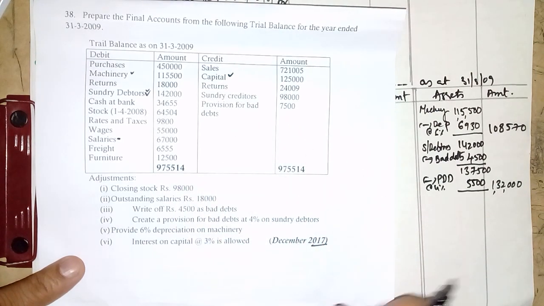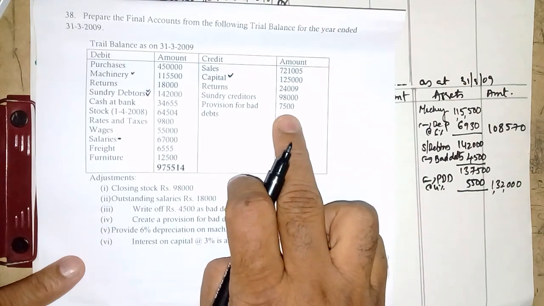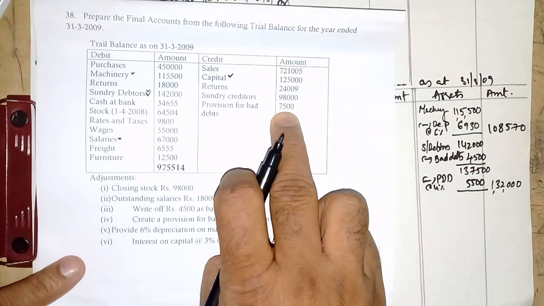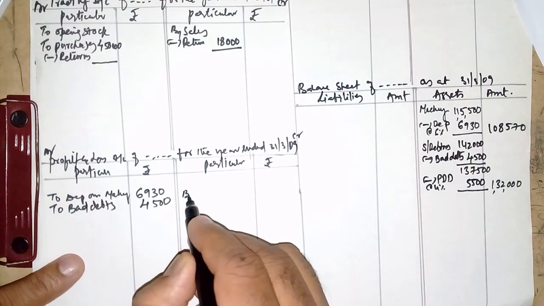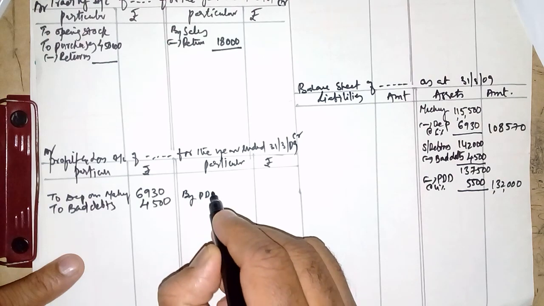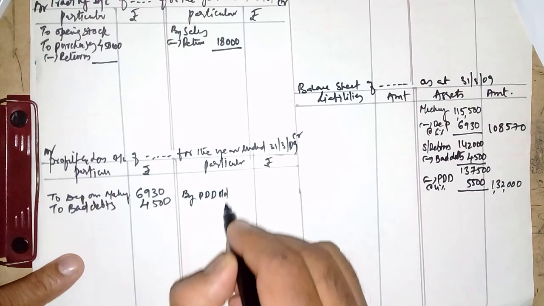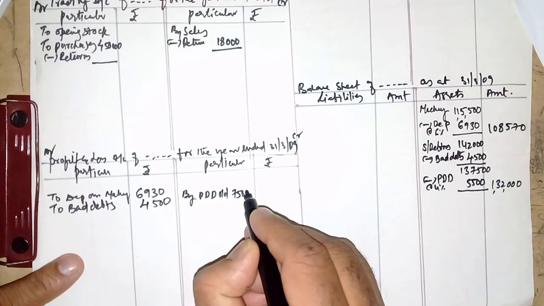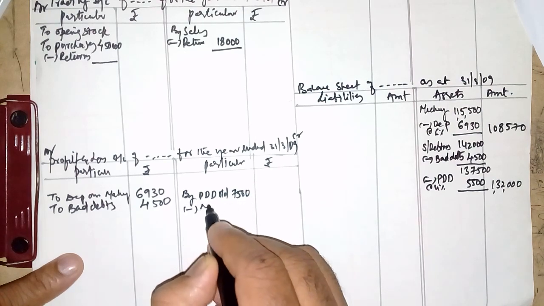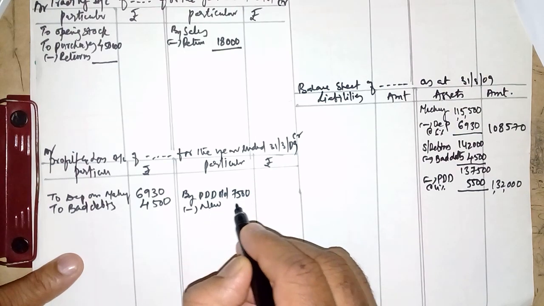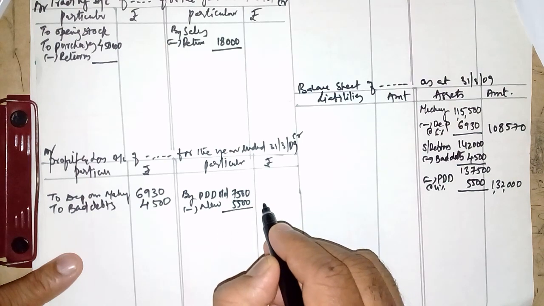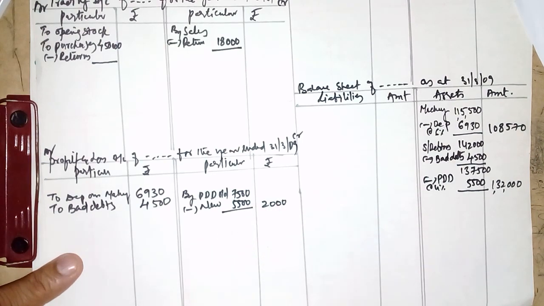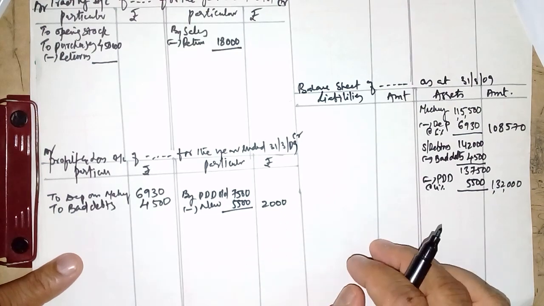Hence, what is the accounting treatment? Whenever the existing provision is more, then it should be withdrawn. So by PDD: old PDD is 7,500 minus new PDD is 5,500. So the resultant figure 2,000 should be written in the outer column, on the credit side of the profit and loss account.